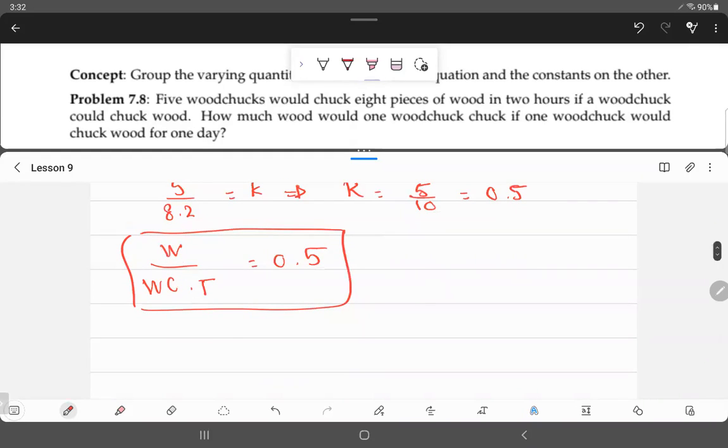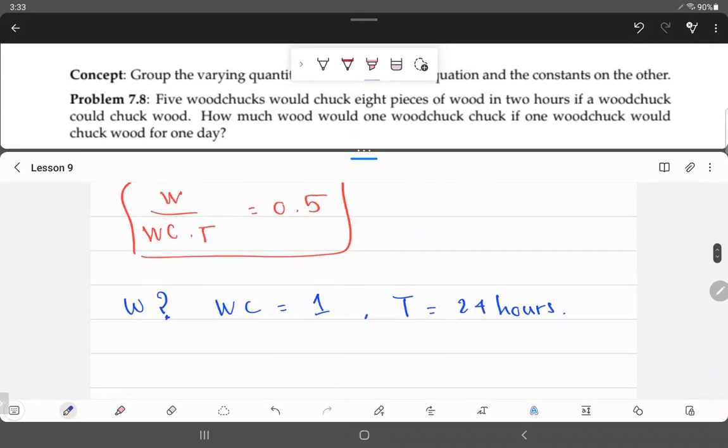So the question says, find W. WC is given to us, which is 1. And what is the time? 1 day. 1 day is what? 24 hours.